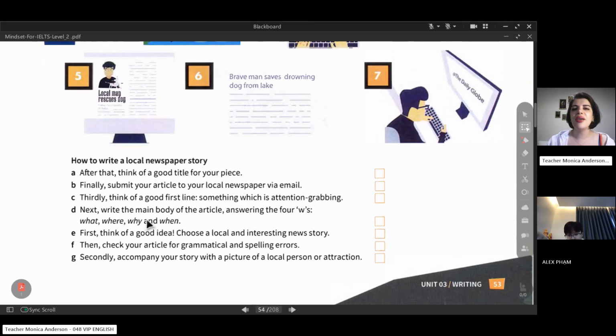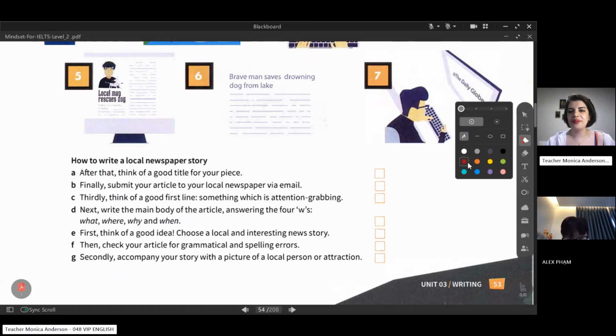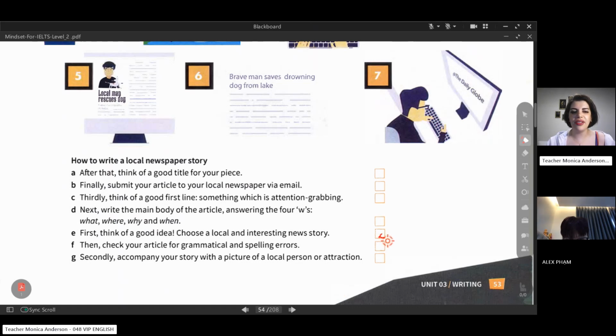So let's put them in order so that we can write a local newspaper story. Which one can be the first one? You tell me, Alex, what you think. One, the beginning of our process. E. Of course, E. Very good, first.